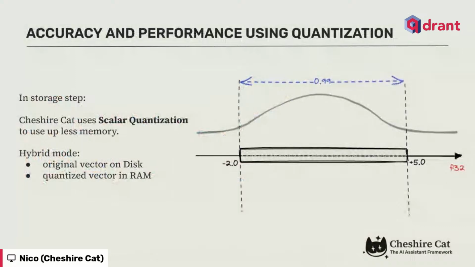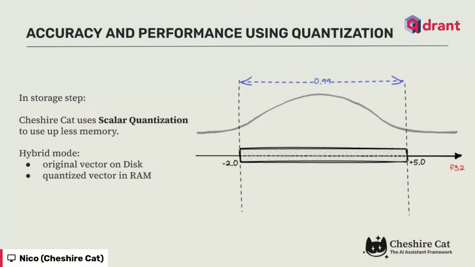Another feature is quantization, because with this Qdrant feature, we improve the accuracy and the performance. We use scalar quantization because we are model agnostic, and other quantization like binary quantization, if you read the Qdrant documents, is experimental and not for all embedders, but also for OpenAI and Cohere, if I remember well.